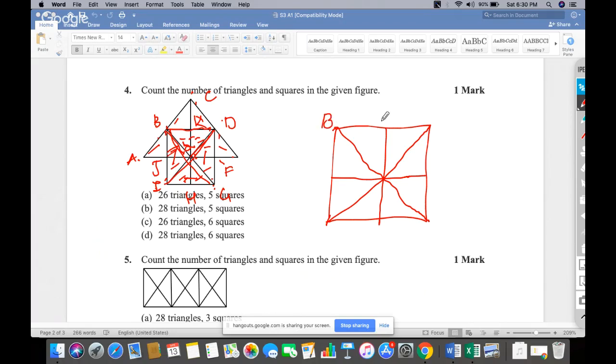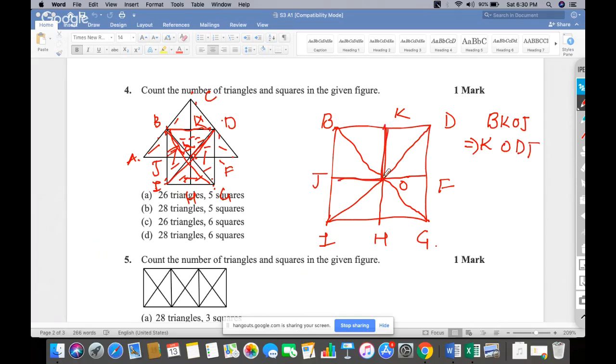Suppose this is B, this is K, this is D, this is J, this is O, this is F, this is I, this is H, this is J. So what I get is squares having two components: BKOJ, then KODF, the half one.